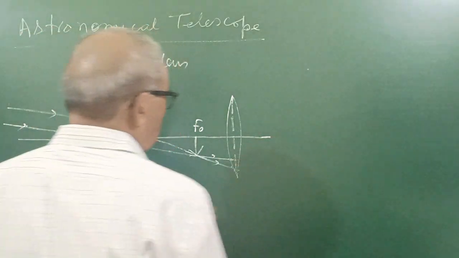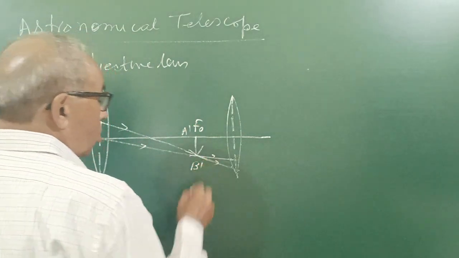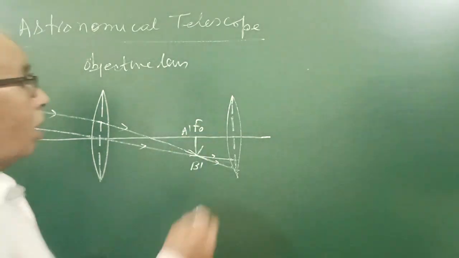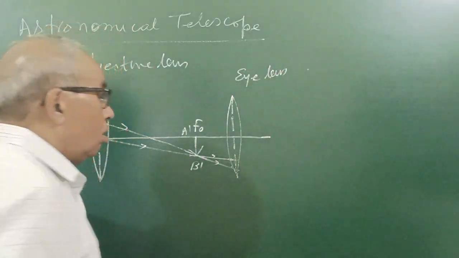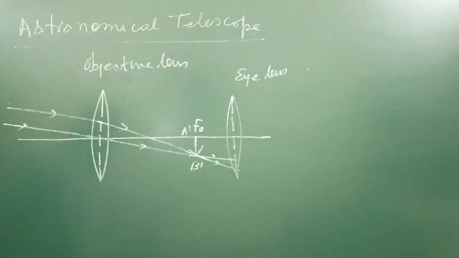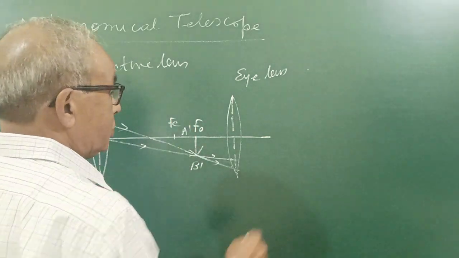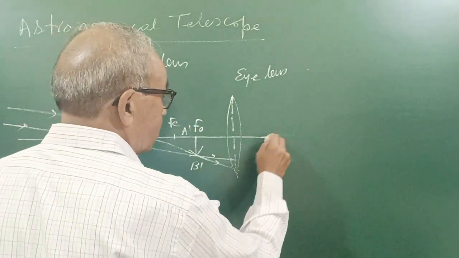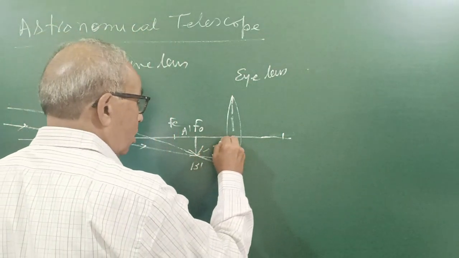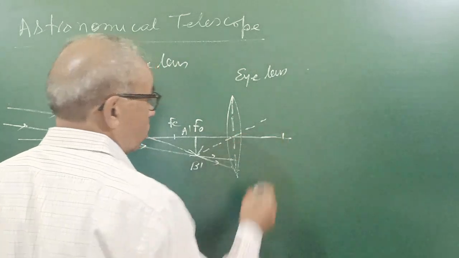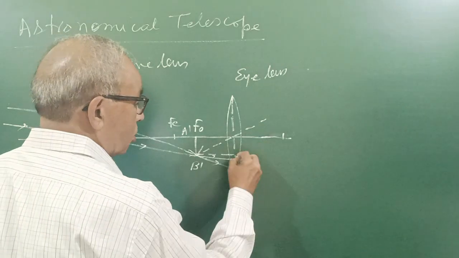But we know this image A dash B dash will act as the object for the eye lens, if it lies within the focus of the eyepiece, FE. So here will be FE, this side also. So we take a helping ray, this dotted line, and another parallel. It will pass through the focus.